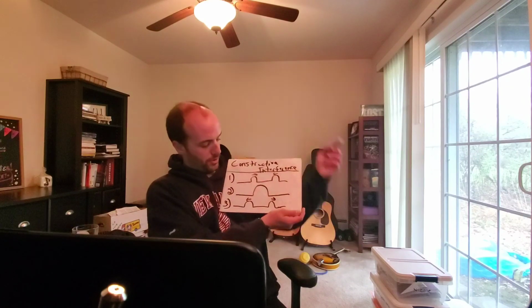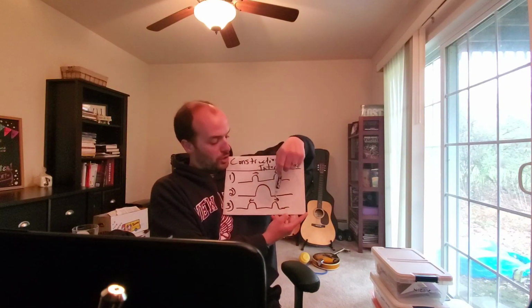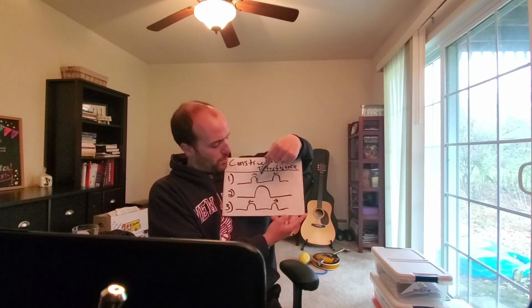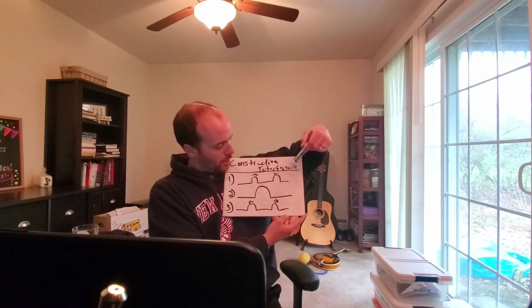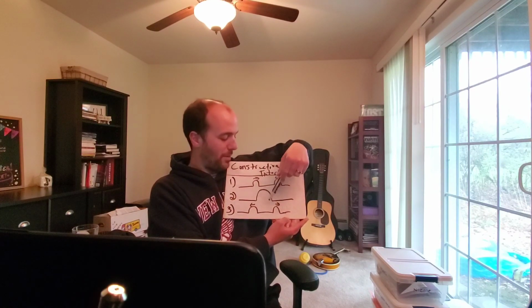Now, what's important is what happens after. What happens after is the waves just pass through each other as if nothing happened. So this wave was this one. It just kind of kept on going. This wave was this wave. It just kept on going. It just happened to be in the middle.